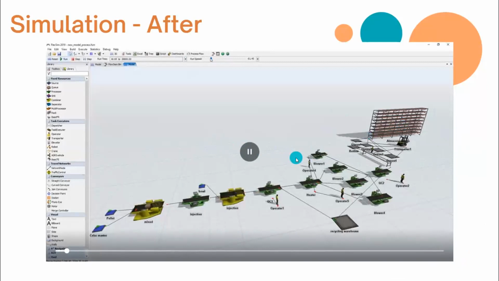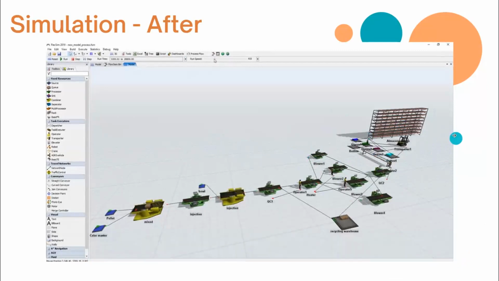Continuing, we have the video simulation of our plant in Flexsim. As you can see, we have the injection machine that was added, where the pellet is divided into small bottles, which will be given the desired shape later in the blower. Here, we add two more blowers to have more variety of the product.